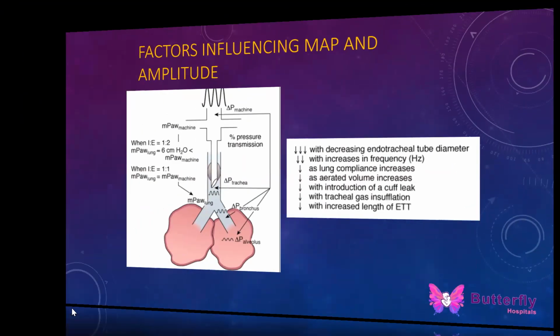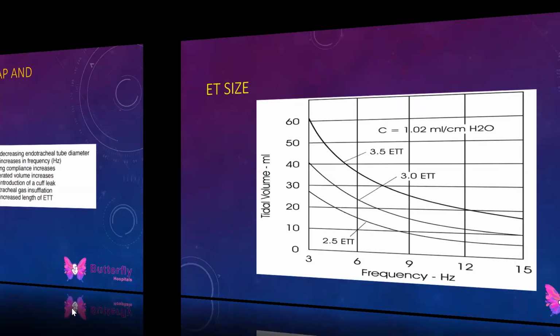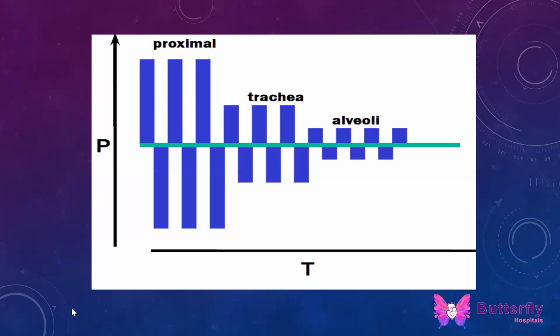Sorry, guys. Then comes the amplitude. When we say amplitude, the wiggle or how much air is going into the lungs, it is equal to what we call tidal volume in conventional ventilation. Here it's indirectly coming from the amplitude of the high frequency ventilation.